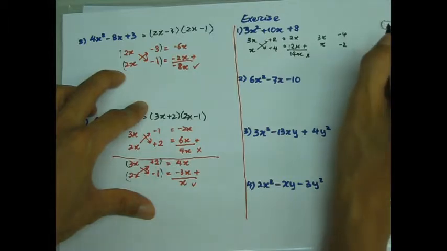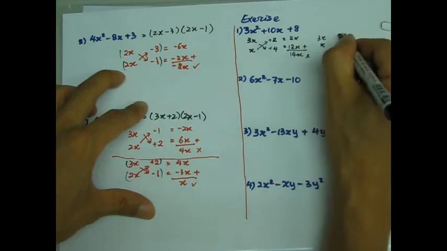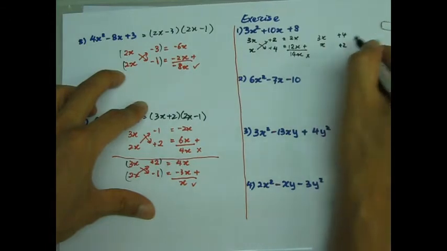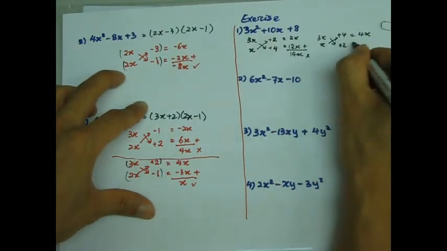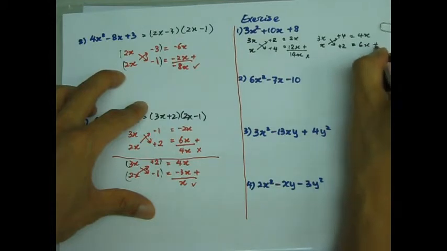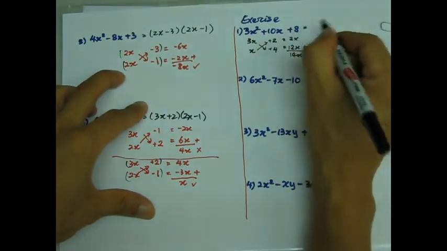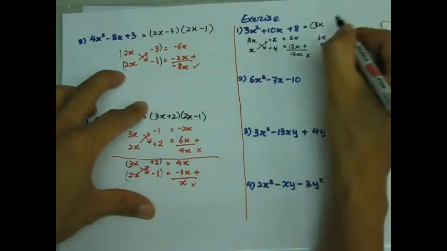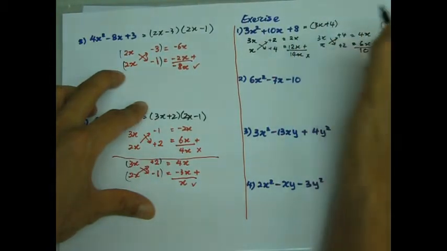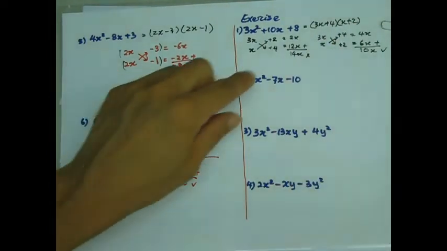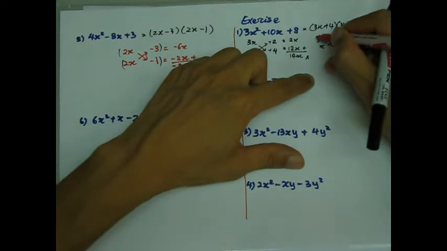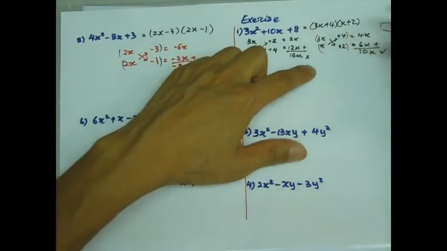Oh, sorry, this is plus 4 and this is plus 2, right? So that gives me 4x. This gives me 6x. Aha, that will work. 10x. So the answer to this will become 3x plus 4, one of the factors, and the other factor is x plus 2. Again, we consider this horizontally, right?